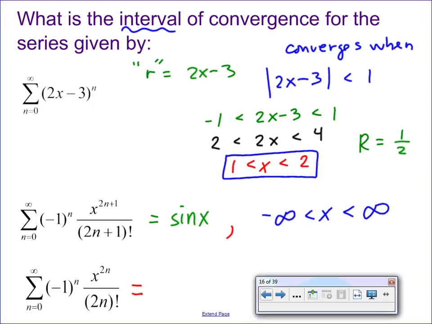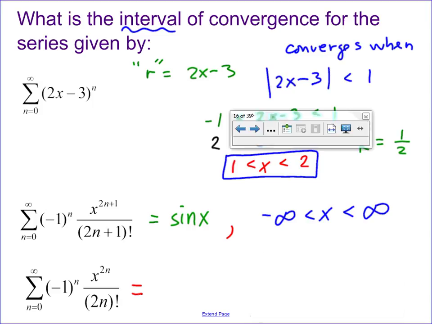For this one, let's see. If we were to expand this out, let's plug in 0. It's cosine, yeah. So we get 1, 0, 0. So I get 1, and then I get the minus, and then I get the x squared over 2. So this is cosine of x.